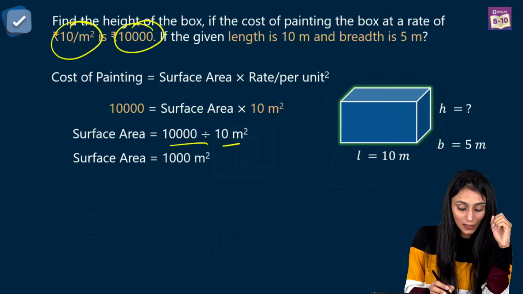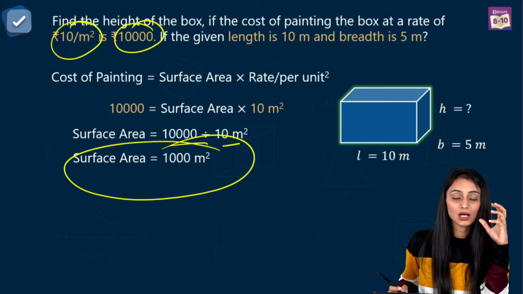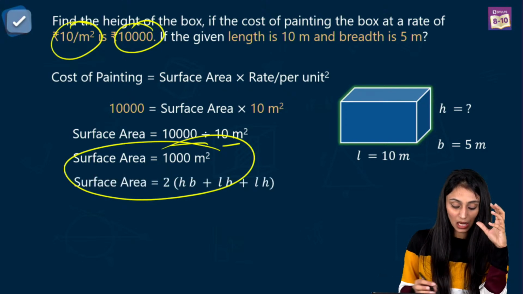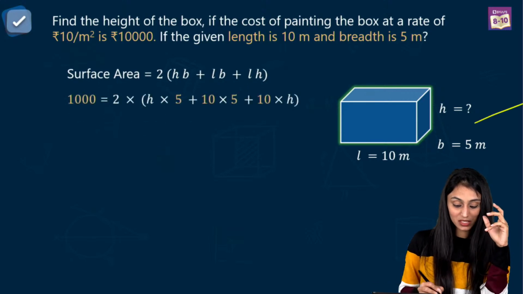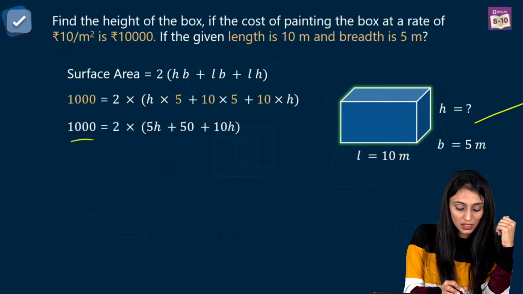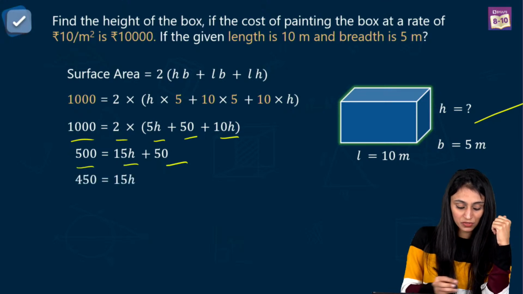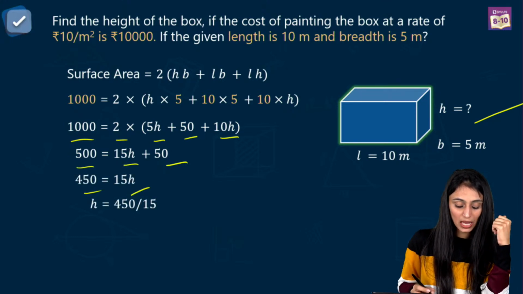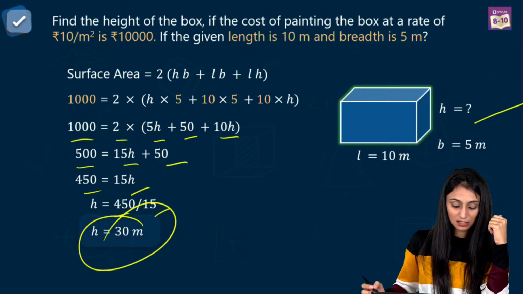This is basically the surface area of this cuboid. Now we have the total surface area. Using the formula of total surface area, I will get its height because we have length, we have breadth, we have the surface area also. So 1,000 equals 2 times (50 plus 15H). Put everything here, 500 equals 15H plus 50, 450 equals 15H. H would be 450 by 15, that's going to be 30 meters. That's the final result.